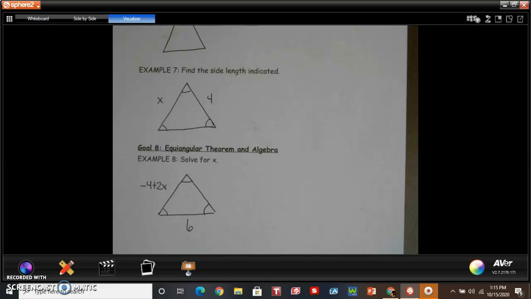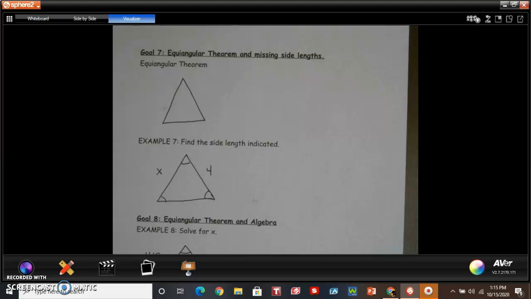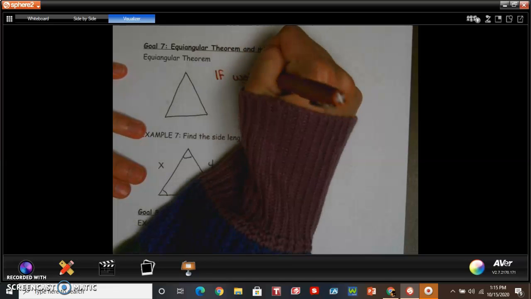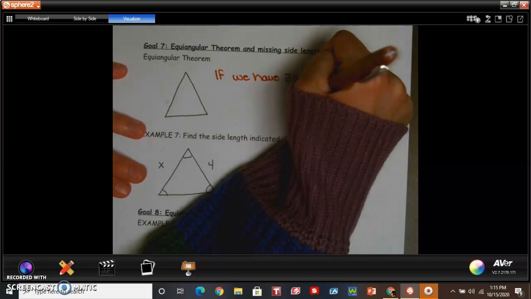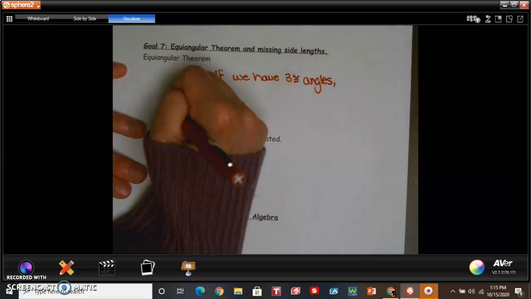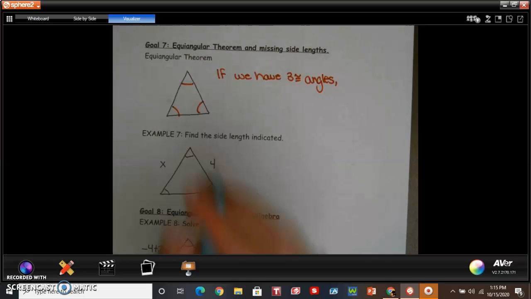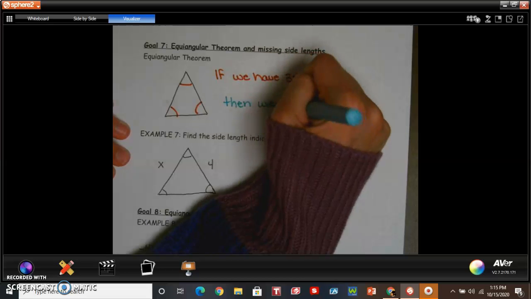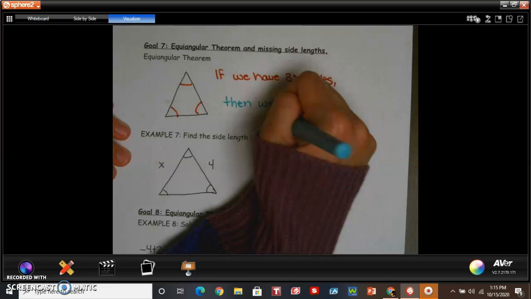All right, 7 and 8. Now we're talking about the equiangular theorem. I bet you kind of have an idea of how this one's going to go. If we have 3 congruent angles, then we have 3 congruent sides.